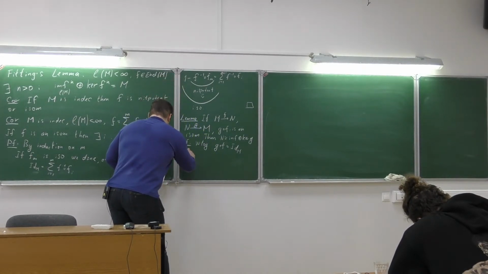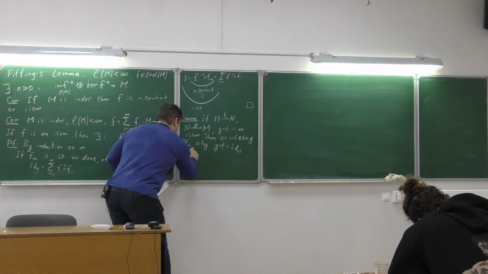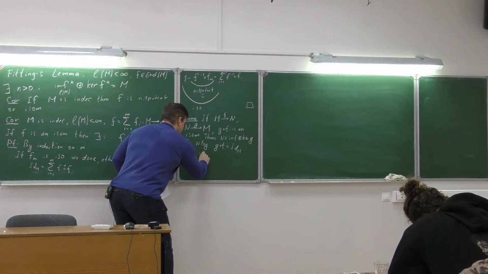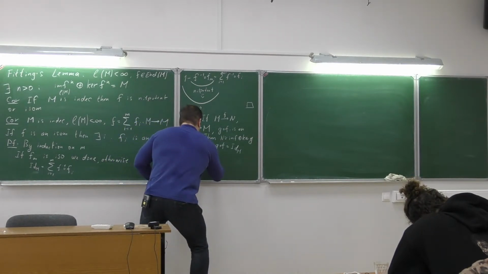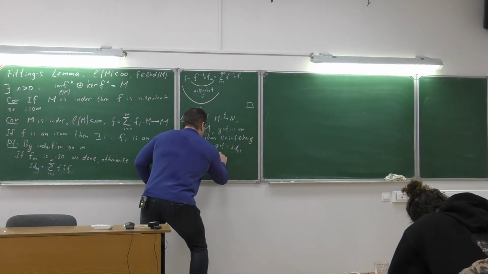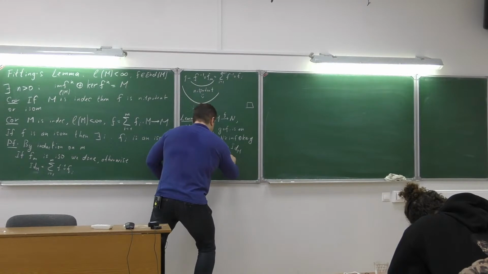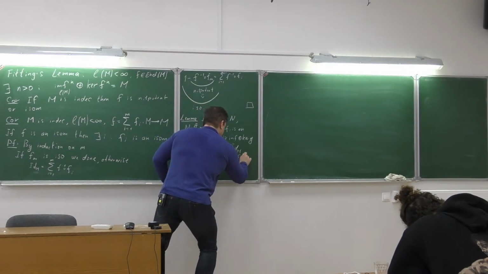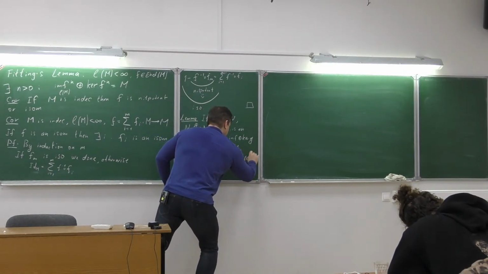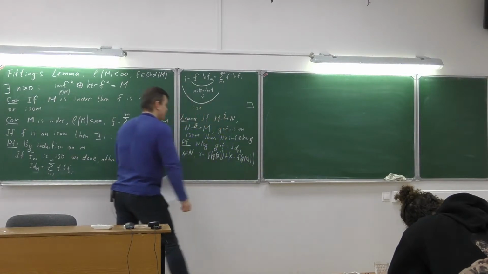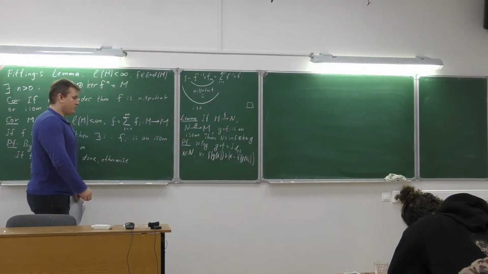I can take X in the module N, and I can write this X as F of G of X plus X minus F of G of X, right? This is a tautological way to rewrite this.